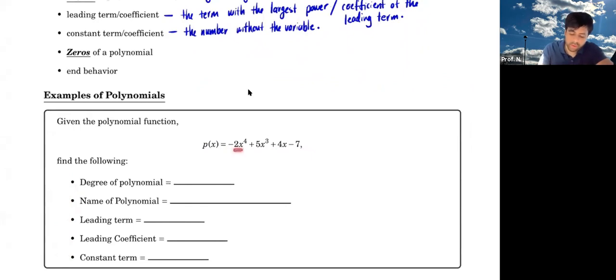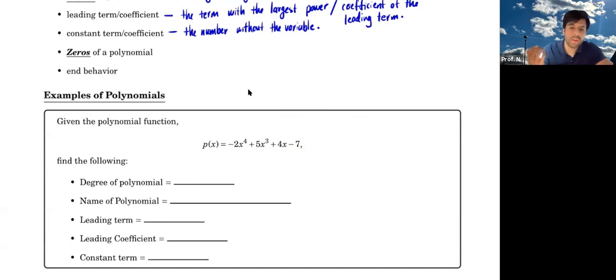Well, we have all these smaller terms, and all their exponents are non-negative powers. And of course, whenever you have a negative 7, you can think of this as being times x to the 0th power, but we know x to the 0th power is equal to 1, right? So we don't really see it there, but we can think of it as hidden.